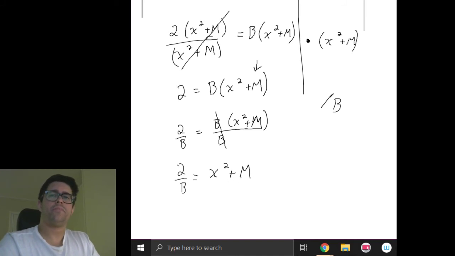We don't need them. Now we're almost there. We want m. The m is added to x squared, but we could also have written m plus x squared. It's the same. We could have said x squared is added to m. So what's the opposite of adding x squared? Minus x squared. That's what we're going to do.